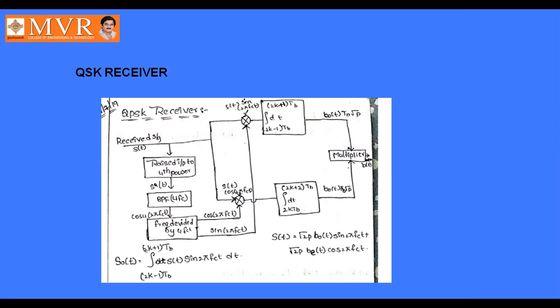This signal is also integrated over 2k tb to 2k plus 2 into tb. Here b naught of t means the odd sequence and b of t means the even sequence. Multiplying by a multiplier, we can get the QPSK signal. So this is about the QPSK receiver.